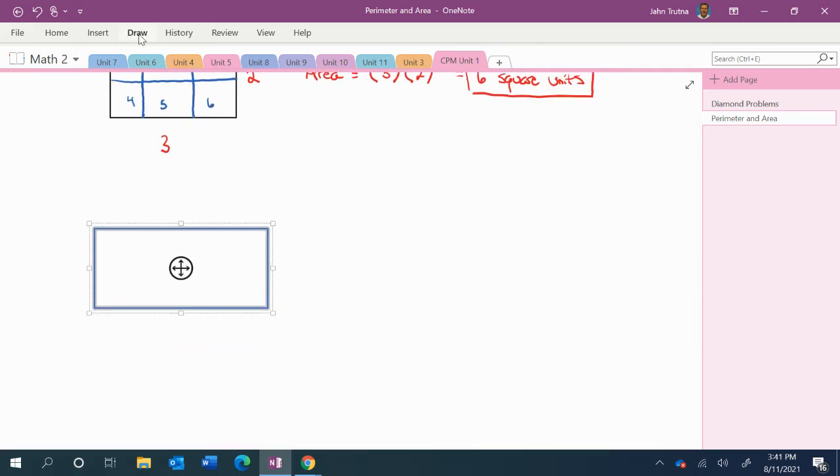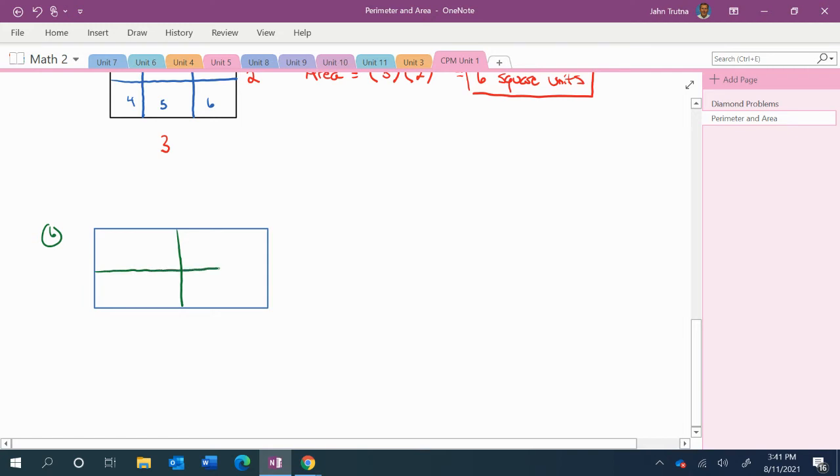This rectangle in example number 6 is divided into 4 smaller rectangles, where I have a 5, a 3, a 4, and a 2. And I want to know what is the area of the entire figure, so the area of the entire rectangle.